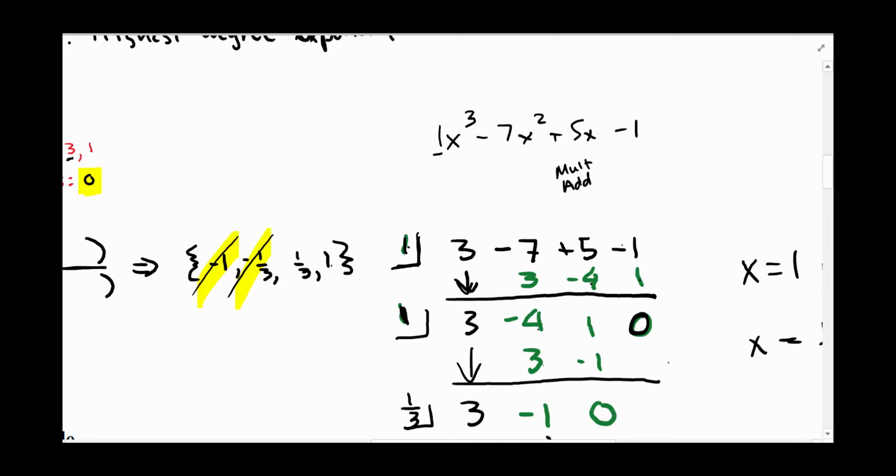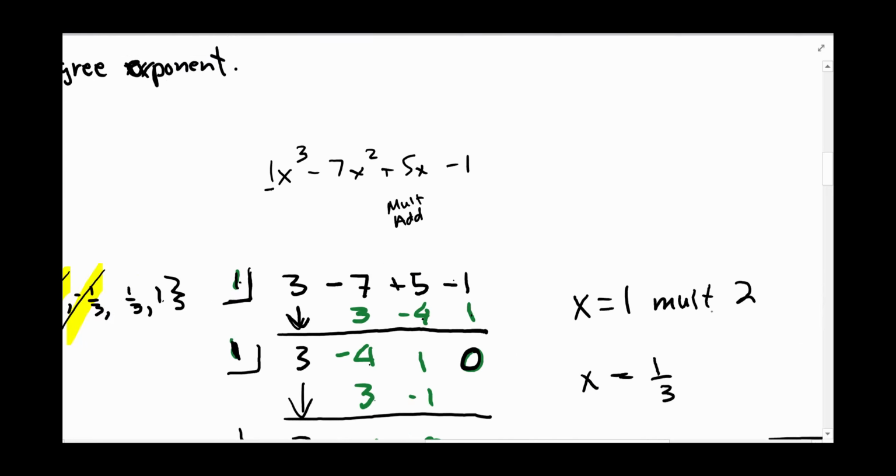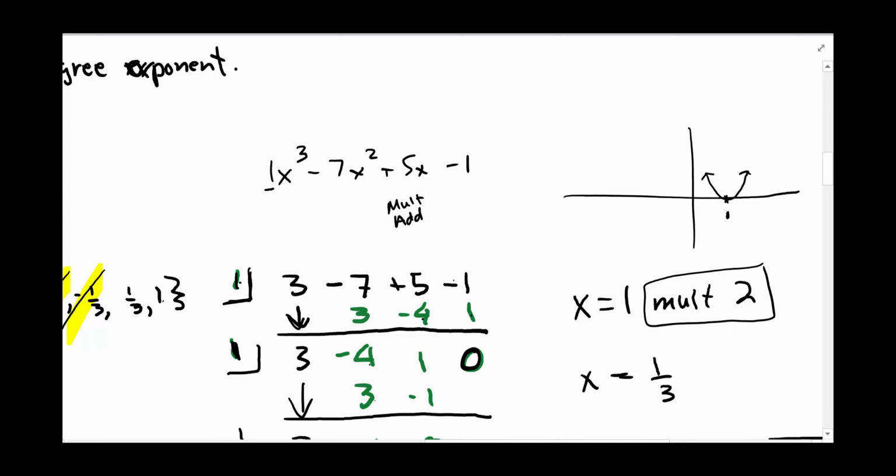Add those together. So we have x is equal to 1 with the multiplicity of 2. That means that when you graph this at 1, it's either going to look like this or it's going to look like this, depending on the rest of the graph. When it's a multiplicity of 2, it forms a parabola shape right on the x-axis.